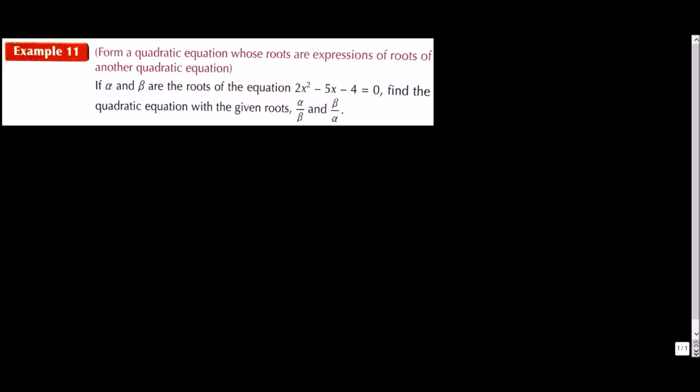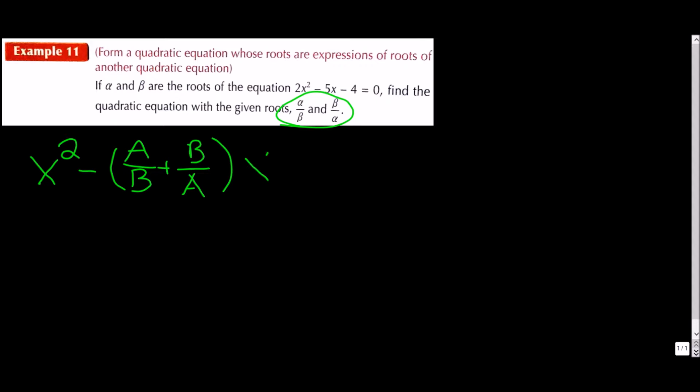So we start off. The equation that we're looking for has these roots. And so we know that we're going to have x squared. We know that the sum of these two roots is going to show up right here, so we're going to have alpha over beta plus beta over alpha times x.